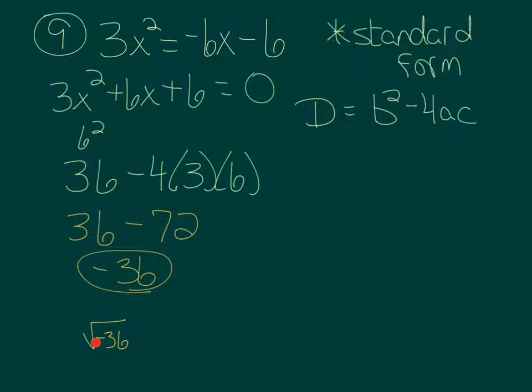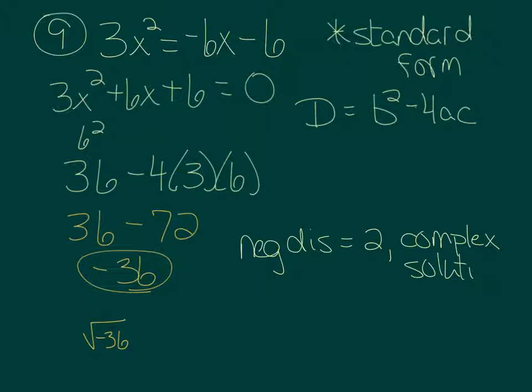Because we have the square root of the negative. So if you have a negative discriminant, that equals 2 complex solutions, because i is going to be involved, and that number has 2 square roots.